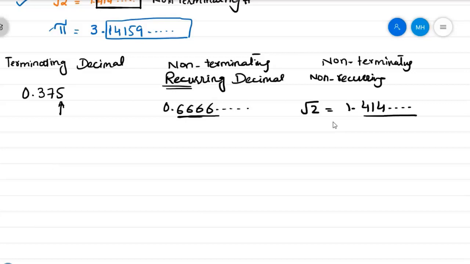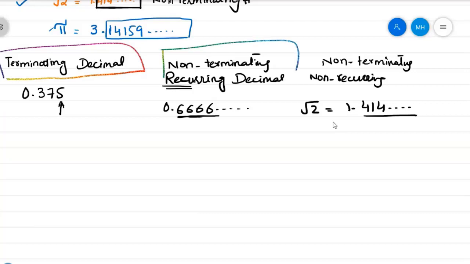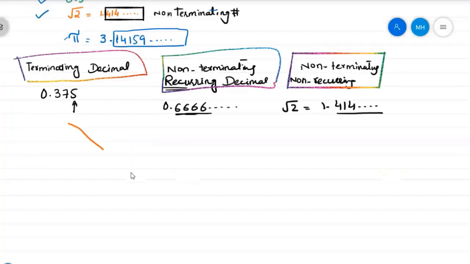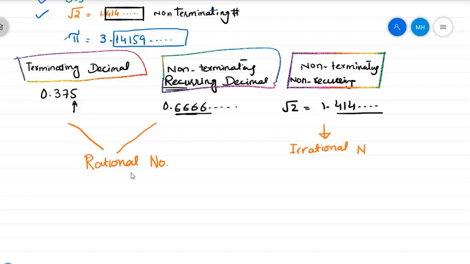So here we have three categories of decimals. Number one is the terminating decimal, the second is the non-terminating recurring decimal, and the third category is the non-terminating non-recurring decimal. These first two categories collectively give us the rational numbers, and only the non-terminating non-recurring ones give us irrational numbers.